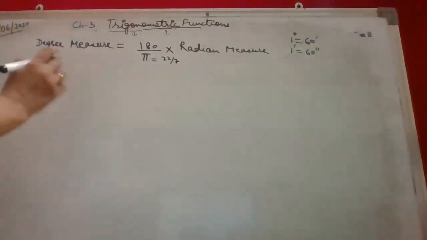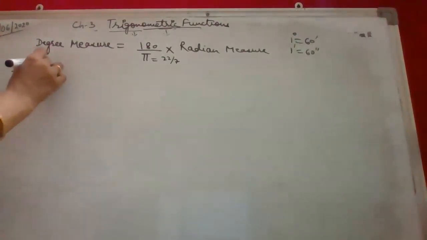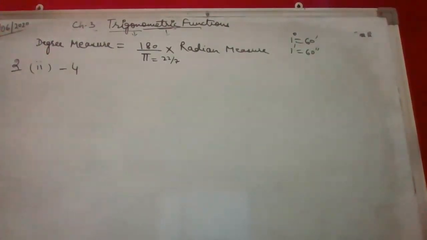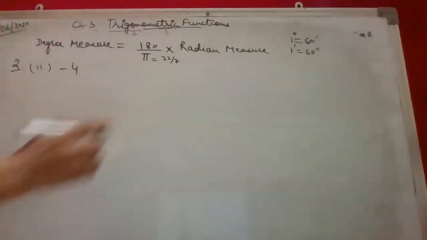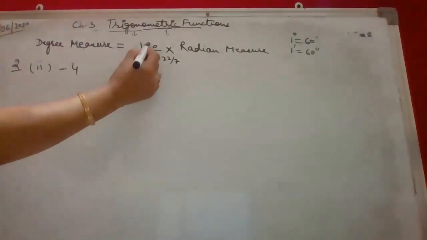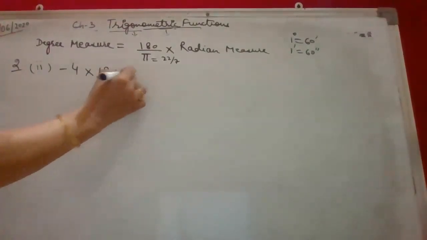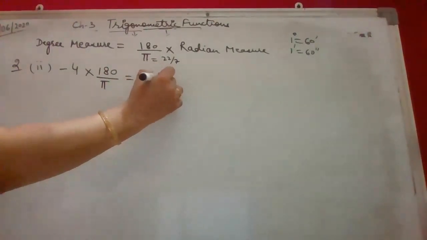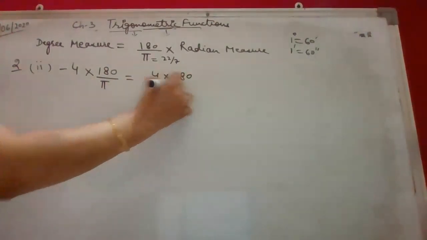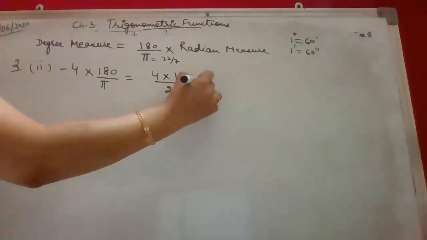We are taking second part of second question, that is -4. Again a minus sign is there which gives us the clockwise direction. We have to convert it to degrees. So what we have to do to convert it to degrees, we have to multiply it by pi by 180. Sorry, 180 upon pi. And we will put the value of pi as 22 by 7.